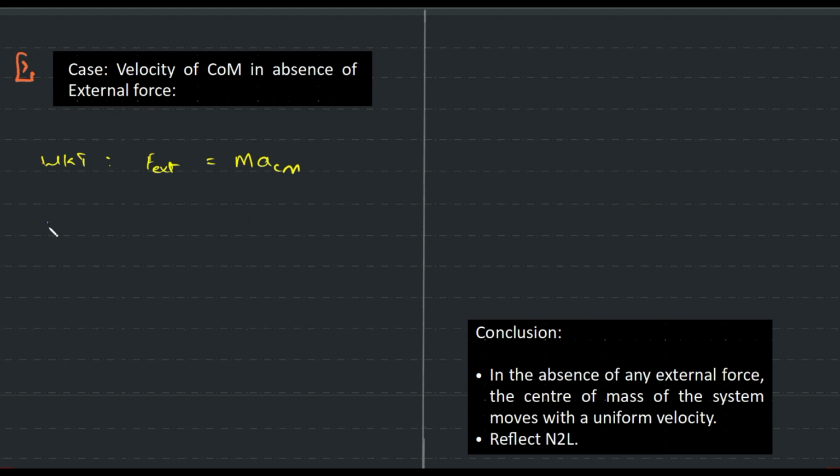So here you have F external, your net external force, m, the total mass of the system, and a_CM, your acceleration of center of mass.